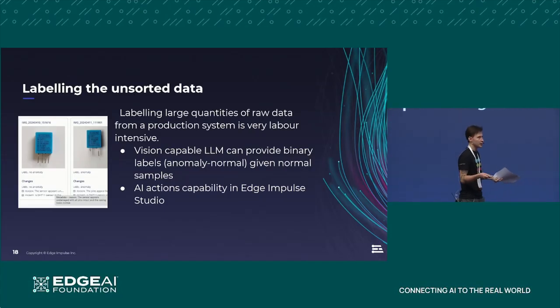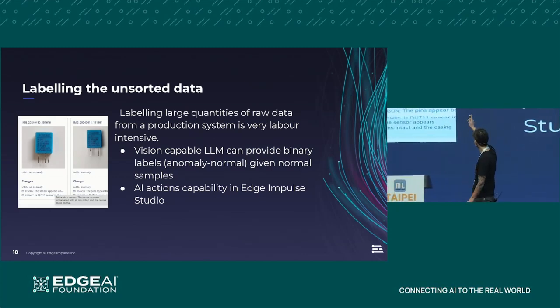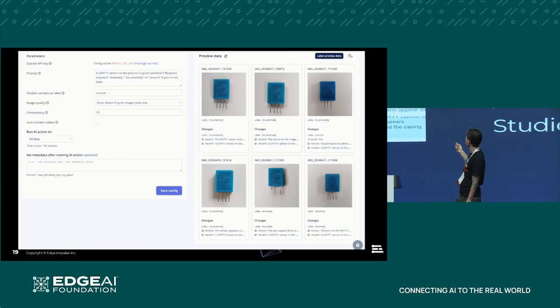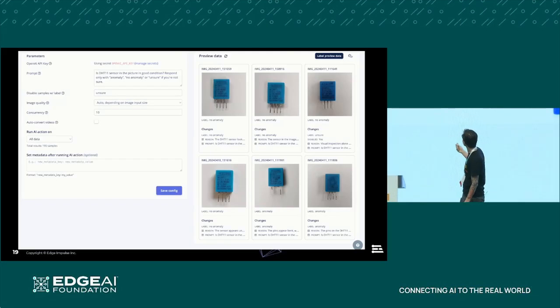It can be one of the OpenAI models, it could be a vision transformer, but in this case, I was applying one of the vision-capable ChatGPT models to the same DHT11 dataset. On the next slide there is a more complete screenshot. Basically, you see there is a prompt: is the DHT11 sensor in the picture in good condition? Respond only with anomaly, no anomaly, unsure. And it worked really well.